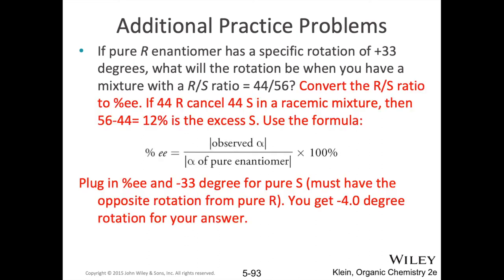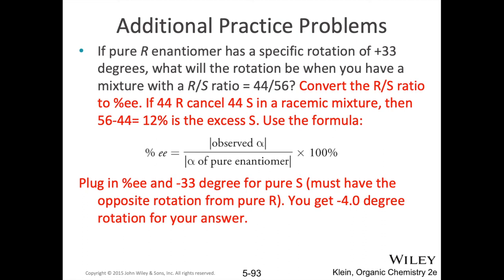So if you have 56% of the S enantiomer, that means you have a 12% enantiomeric excess of S. In other words, the pure enantiomer we're going to use is the S enantiomer. If the R enantiomer has a specific rotation of plus 33 degrees, then the S enantiomer will have a specific rotation of negative 33 degrees.